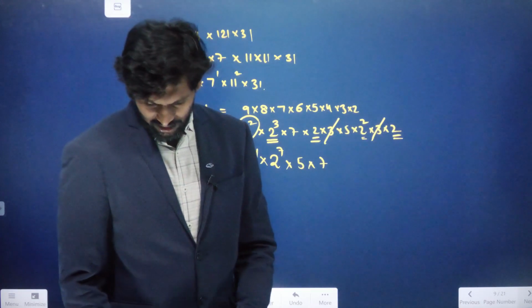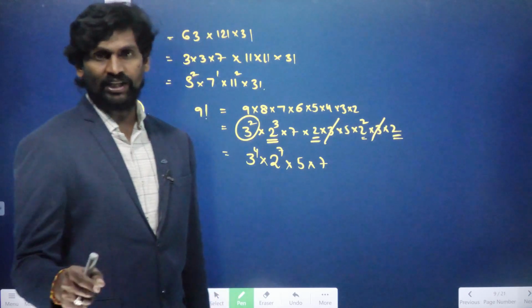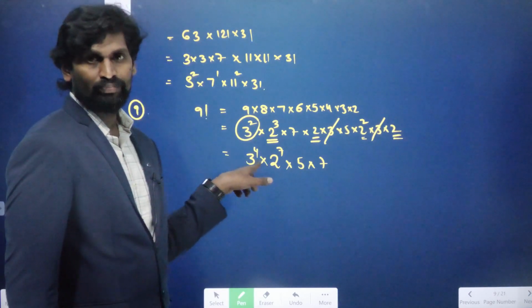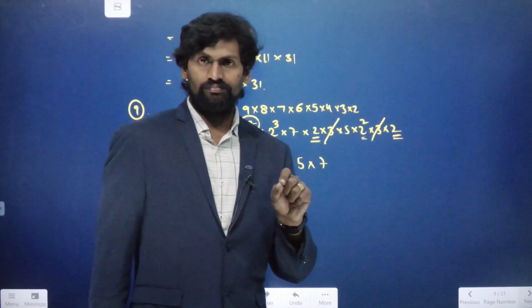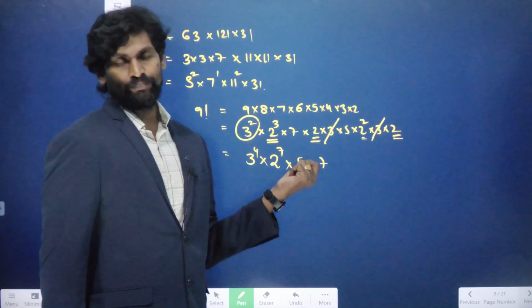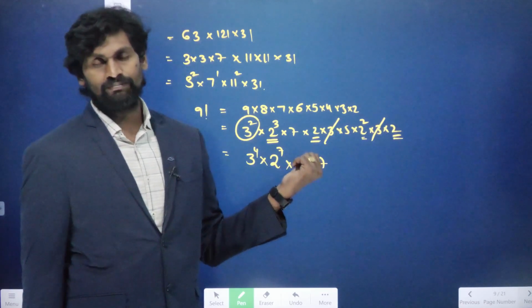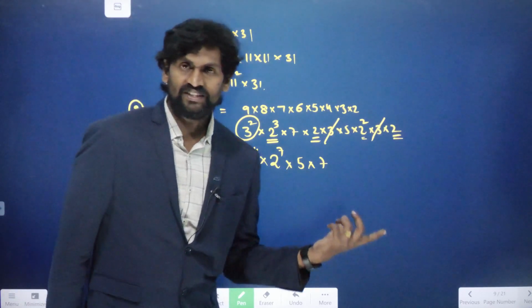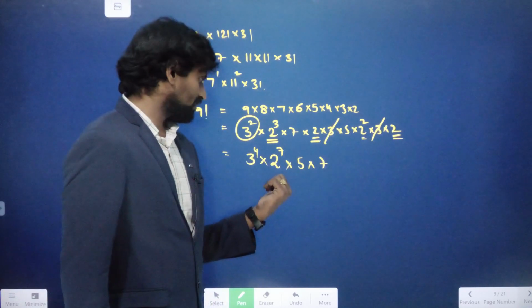Okay, na? So odd factors are in the form of 3m plus 2. Here 3 is also an odd number, but 3 is in the form of 3m only. So the 3m plus 2 format is 5: 3 into m plus 2, if you take m as 1, 3 ones are 3, 3 plus 2 is 5. And 3 twos are 6, 6 plus 1 is 7.